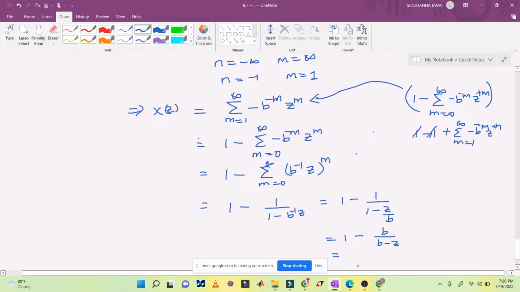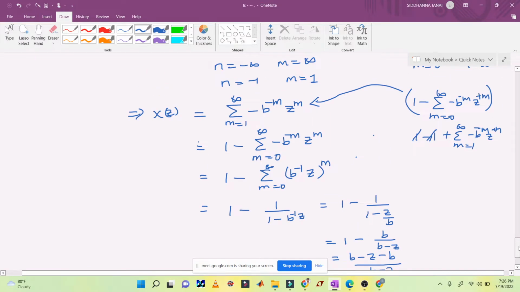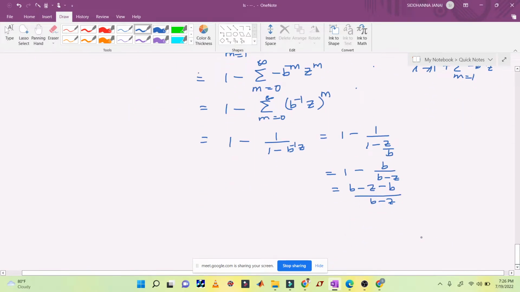Correct? Now this b minus z I will place here, minus z minus b divided by b minus z. So plus and minus will cancel out. This one will be minus z divided by b minus z.